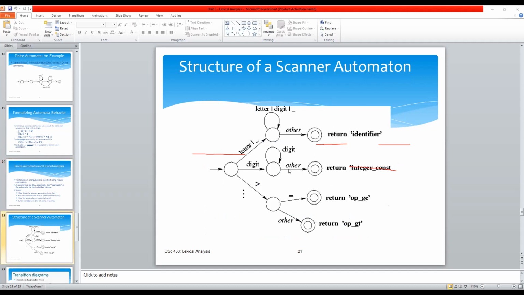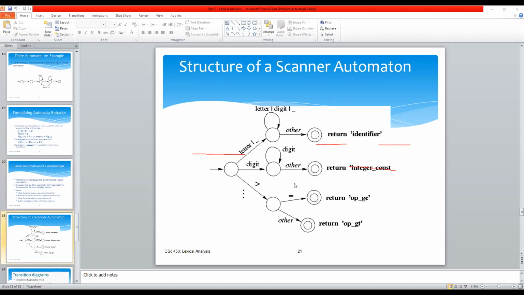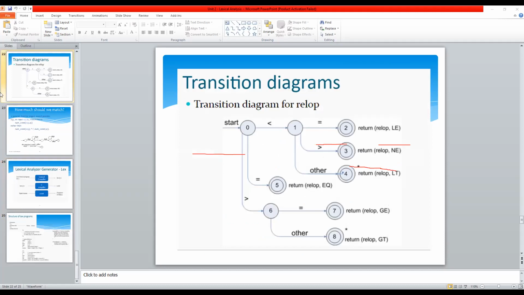We have seen that the scanner automata is the bigger DFA which aggregates the smaller automatas. Small finite automata are combined to generate the big DFA. This is the transition diagram we have seen yesterday.